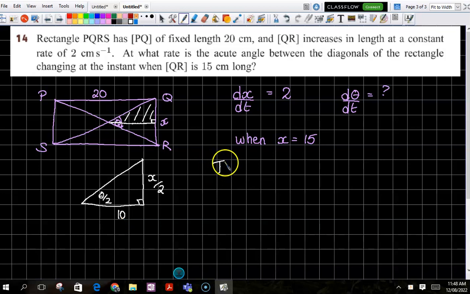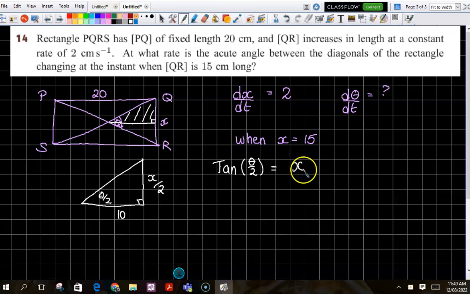So we've got tan theta over 2, and don't get too scared by the fractions, equals x over 2 over 10, so x over 20, or 1/20th x if you so desire. So shall we differentiate that?